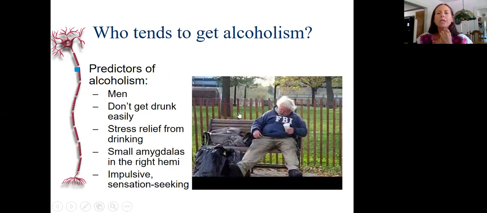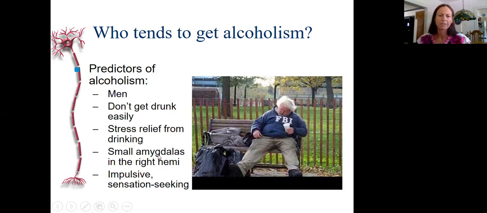Okay. Who tends to get alcoholism? Here are the predictors. Men are far more likely to become alcoholic. People who do not get drunk as easily. So if you have to drink a lot to get drunk, versus if you drink one and you get real tipsy, then you're unlikely to become an alcoholic. People who experience a lot of stress relief from drinking.